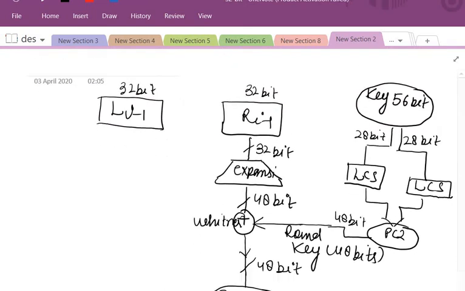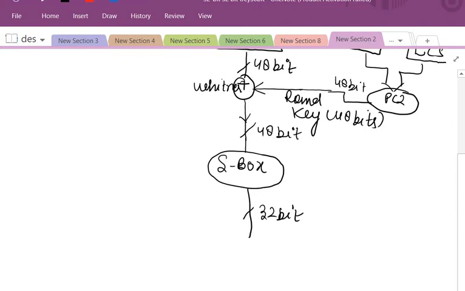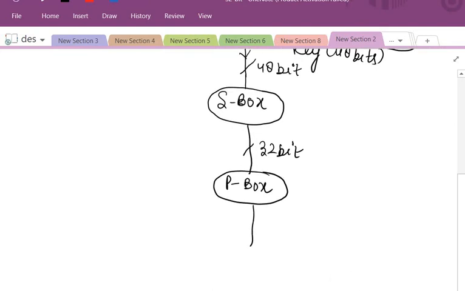The S box's duty is to convert this 48-bit input into 32 bits. After the conversion, the last thing we have to do is the P box table, a permutation of the bits. This P box table gives you an output of 32 bits, and this 32-bit output has to be XORed.